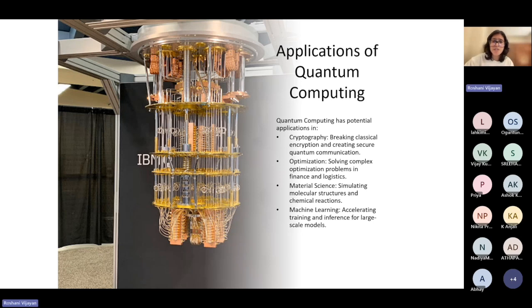Moving on to material science, simulating molecular structures and chemical reactions. Now, I've mentioned cryptography and optimization, so it's a very random thought to think, okay, how can we use quantum computers in chemical reactions? That's weird, but I would like you to take a moment and think.